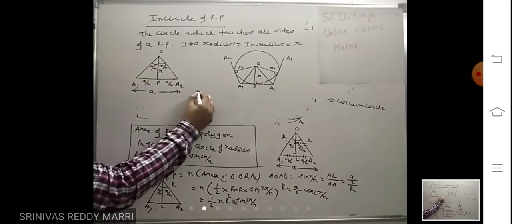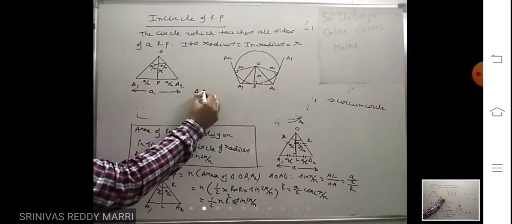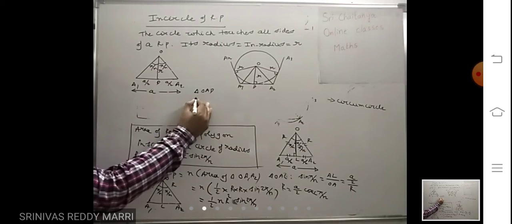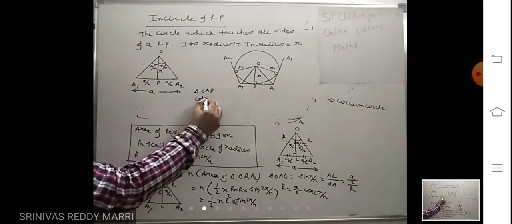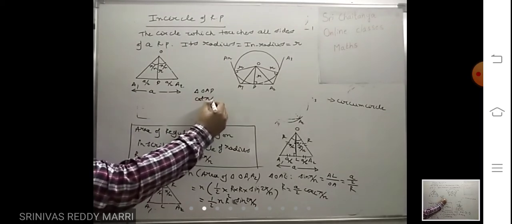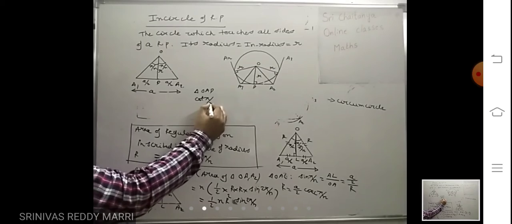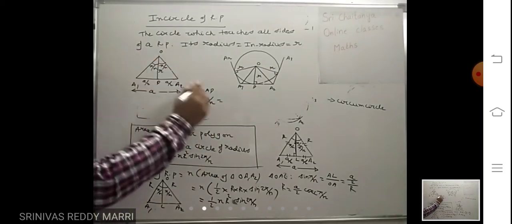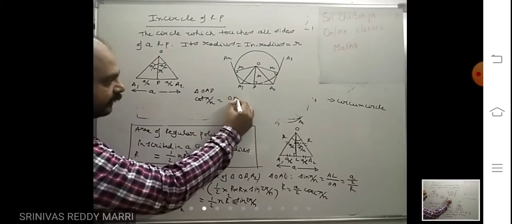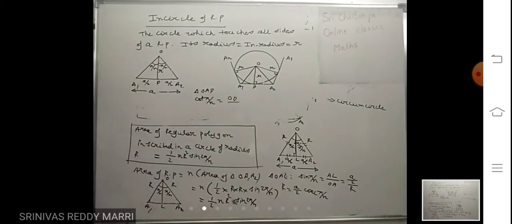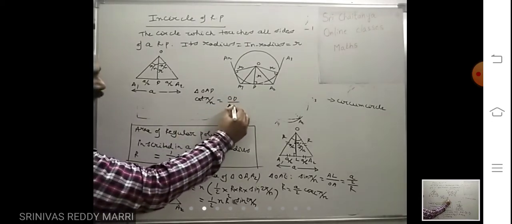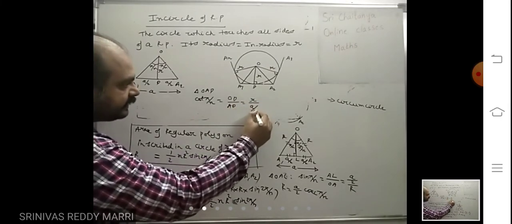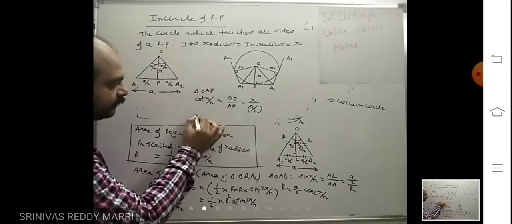Now in the triangle OAD, I am writing cot pi by n. Cot pi by n is nothing but adjacent side OD divided by AD. That means small r divided by AD, which is a by 2.